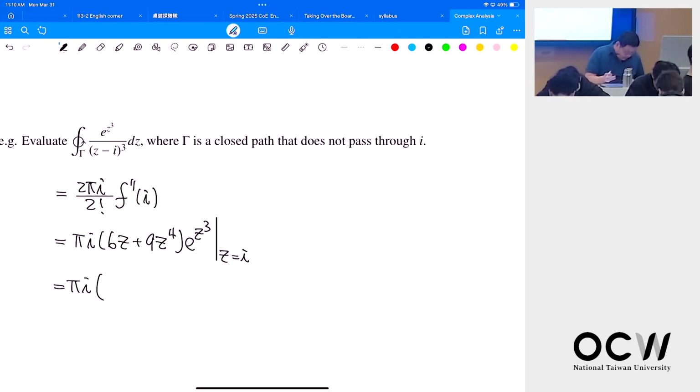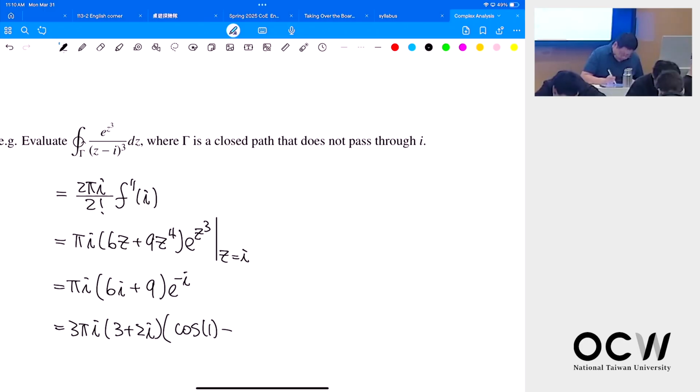Later on, that's just your basic calculus technique. You can check. The answer should be 3 pi i times (3 plus 2i) times (cosine 1 minus i sine 1).